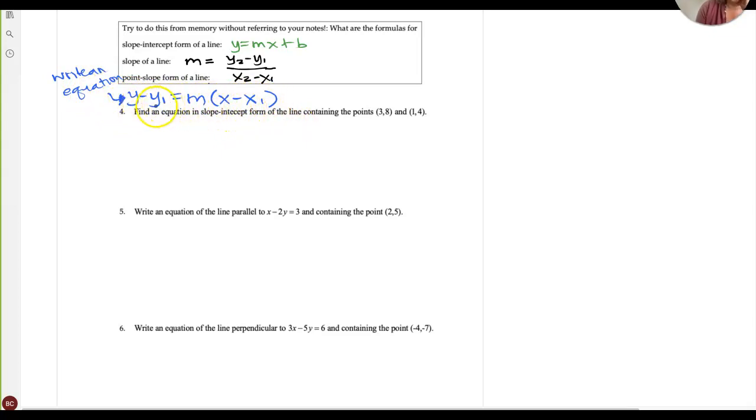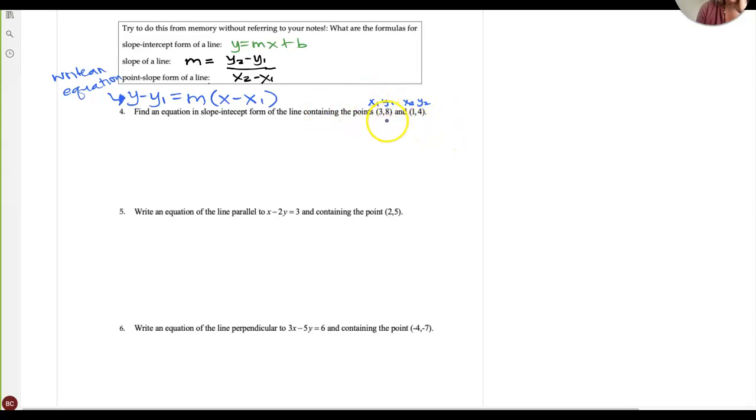And so notice that I need to know the slope, that's my m, and I need to know 1 point, an x1, y1. And so I'm given a point, and it doesn't matter which one I call x1, y1 and x2, y2. So don't get hung up about that. It could be either way. It's not going to change your answer.